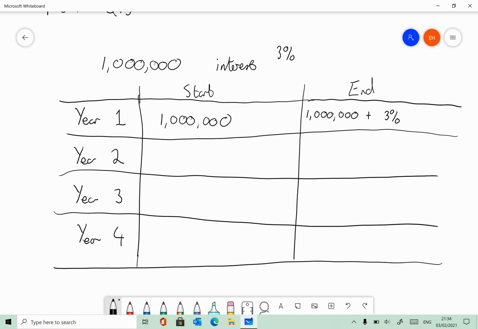Well, that's 1 million multiplied by 3%, which is 30,000. So at the end of the first year, I will have €1,030,000.